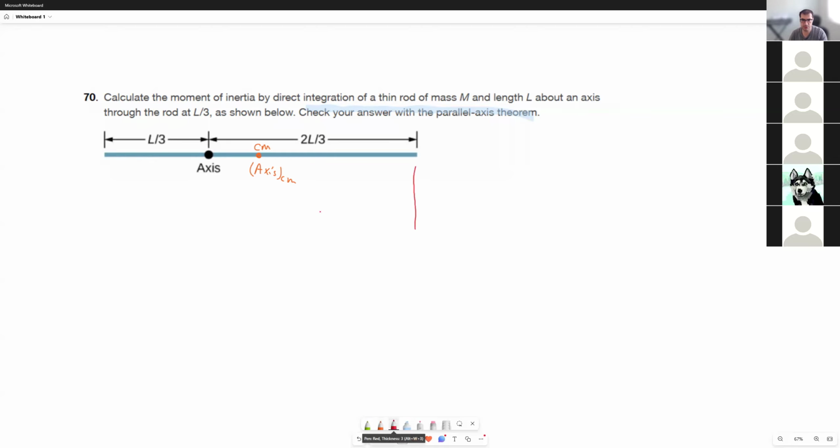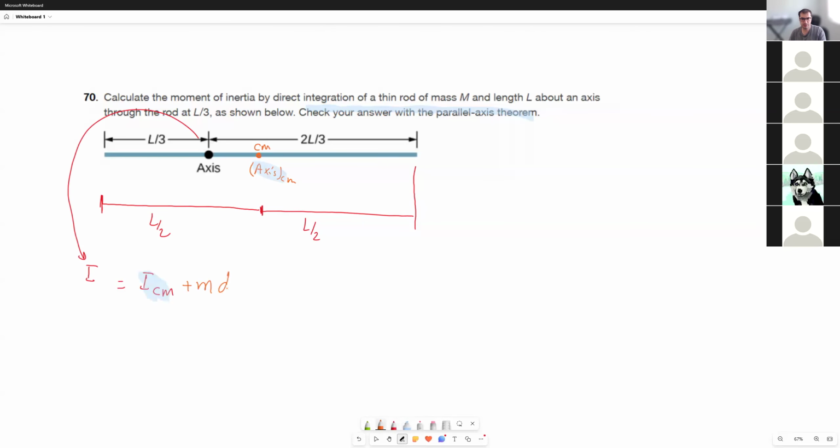From here to this end is going to be L over 2, and from here to this end is going to be L over 2. So I about this axis is going to be equal to I center of mass, an axis that passes through the center of mass, plus m d squared. What is d? The distance between the two axes. D is this.